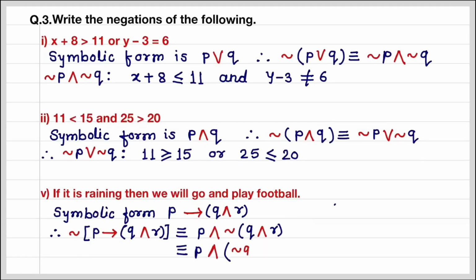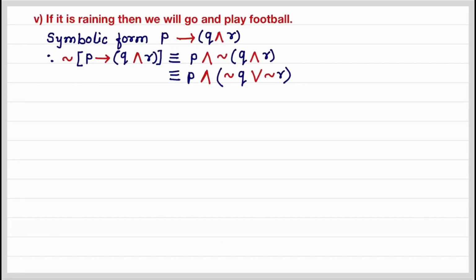Here second statement is Q and R. Negation of Q and R, by De Morgan's law, is negation of Q or negation of R. So negation of P implies Q and R is P and, in bracket, negation of Q or negation of R.